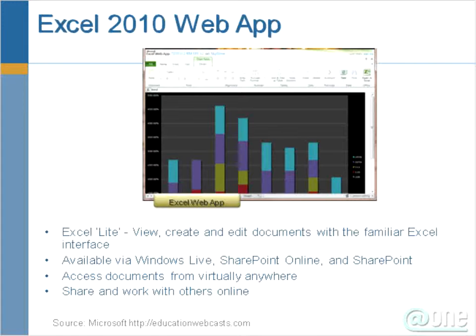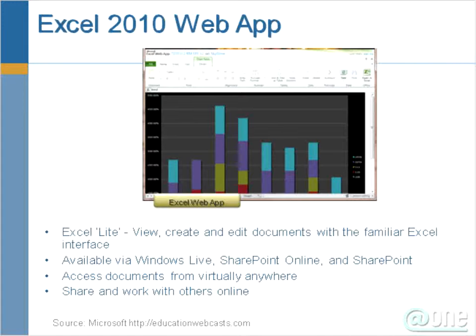It's Word, PowerPoint, OneNote, and Excel, the Lite version. You can view, edit, create, share, and work together on your documents at the same time using Excel in the web app.